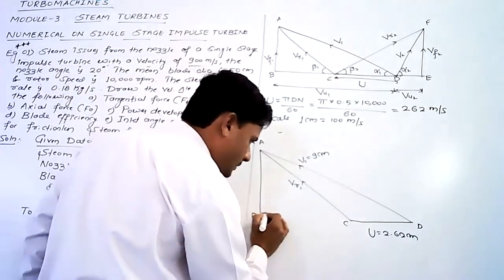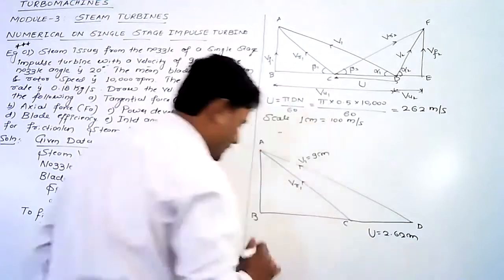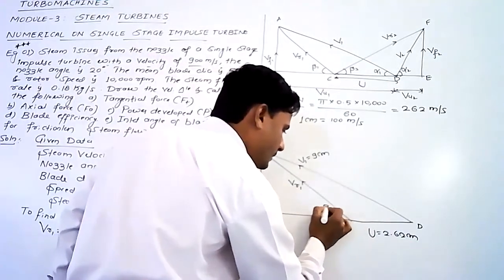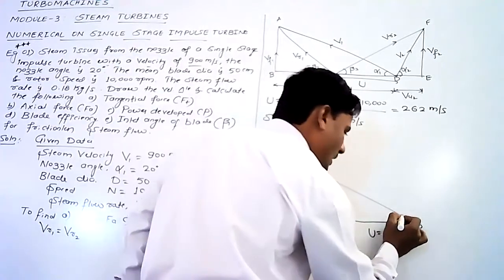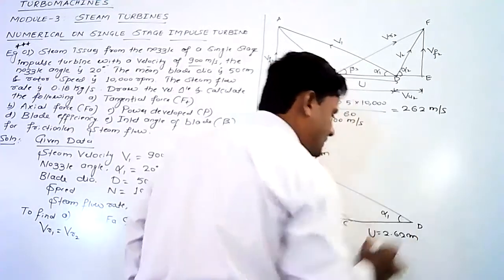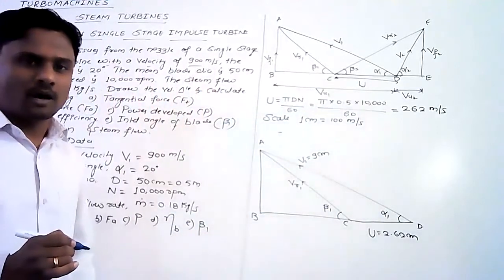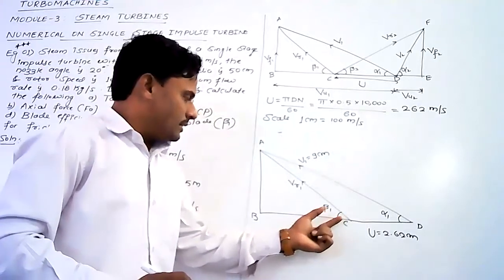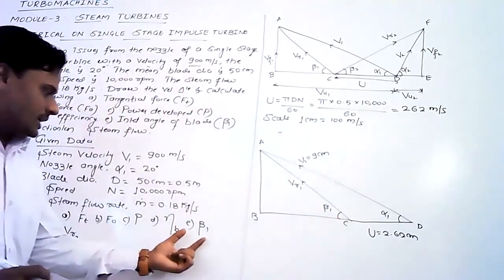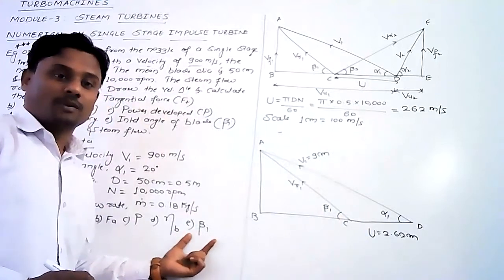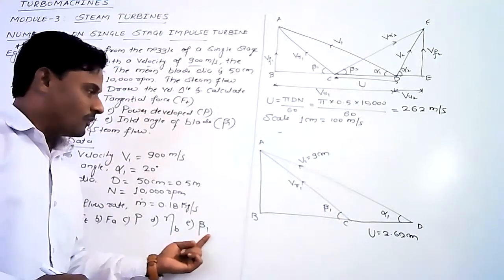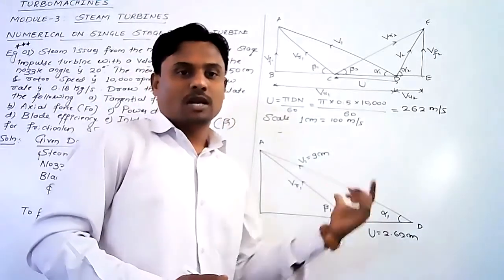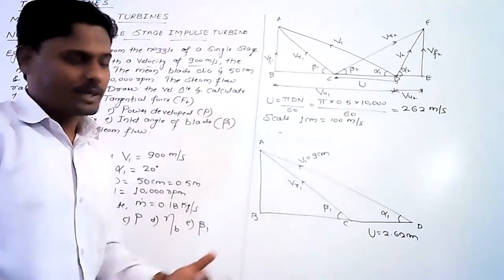So this is beta 1, and this is alpha 1 here. Now, one of the unknowns, the fifth bit, is to calculate the value of beta 1. So keep the protractor on point C and measure the angle beta 1, and that will be the required answer for the fifth bit.